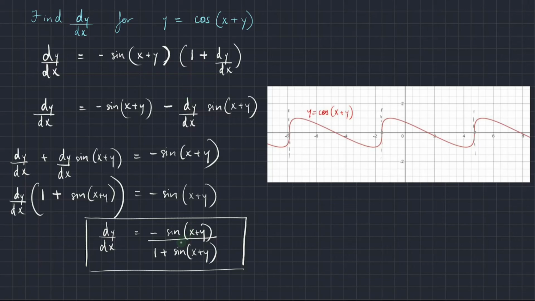This happens because we have a 1 + sin(x + y) term in our denominator, and if our denominator is ever 0, then our derivative is not defined. And if the derivative is not defined, then we know that the tangent line could be vertical. If you're interested, you could analyze this function yourself and try to figure out the exact points where the derivative is not defined.